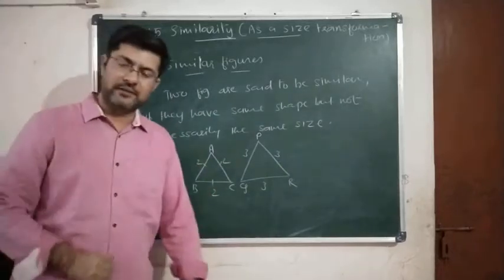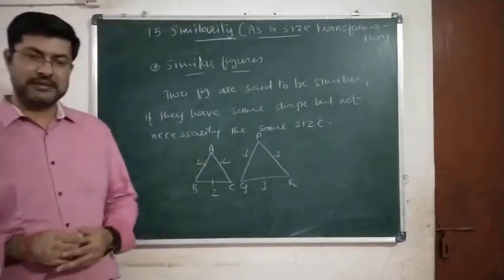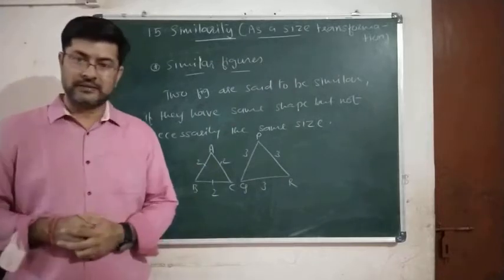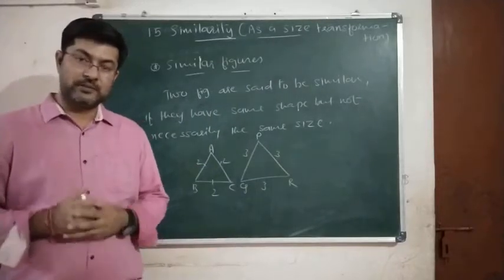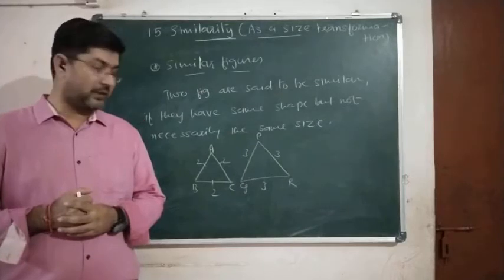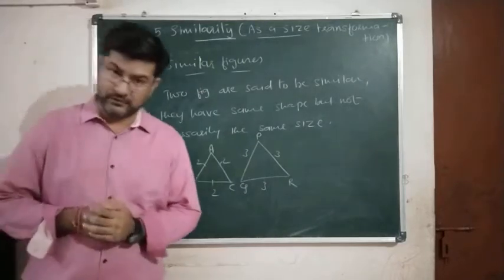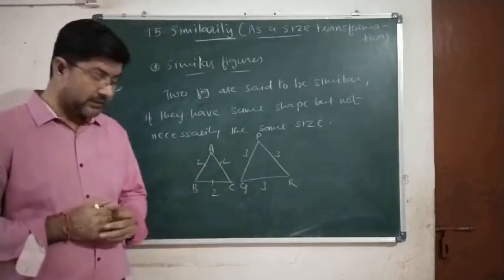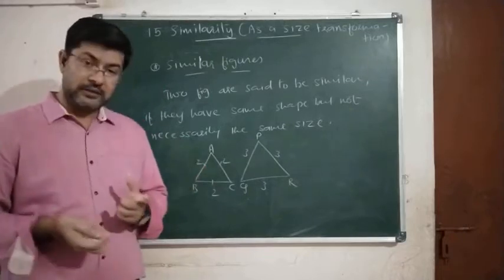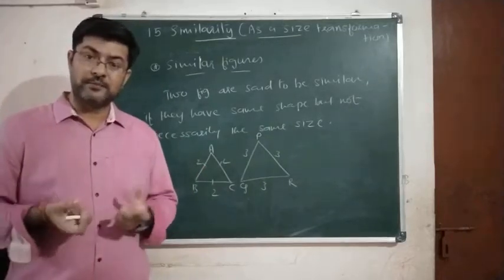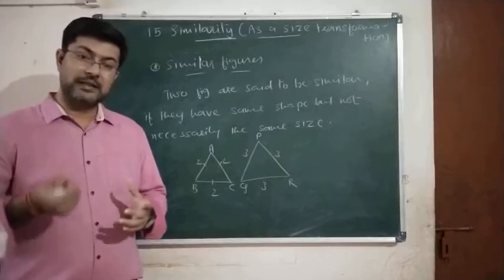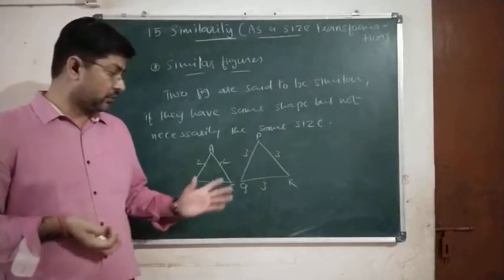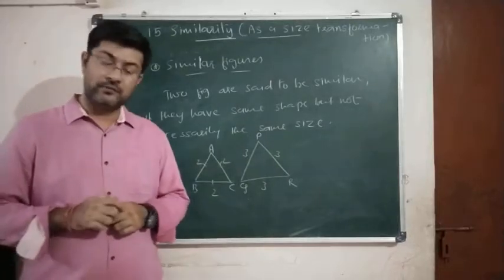So there is a difference in the size, the length of sides, but one thing is common: both are equilateral, so they have the same shape, yes or no? So this is the important condition: if two figures have the same shape, then they are said to be similar. So two equilateral triangles are always similar.